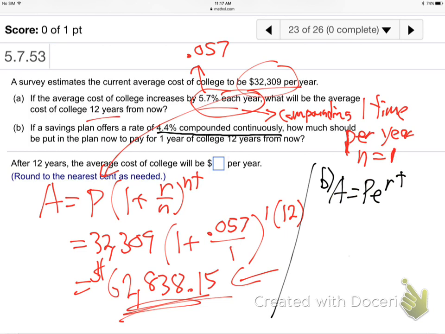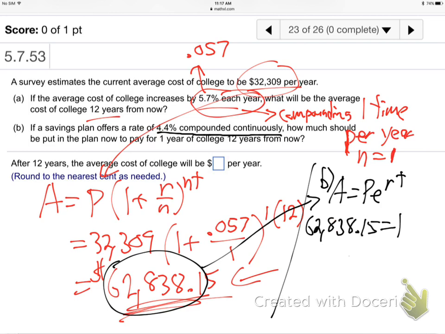So that 12 years from now, it'll make this amount. This is the A. 62,838.15 is A. And the rate is 4.4%. I'm running out of room here, let me move it over here.